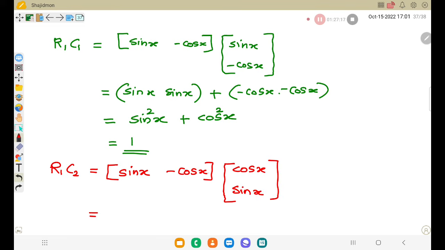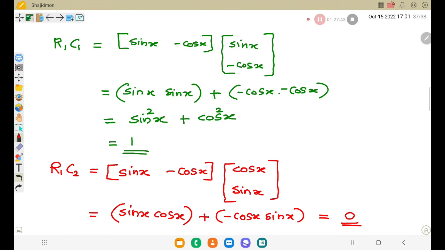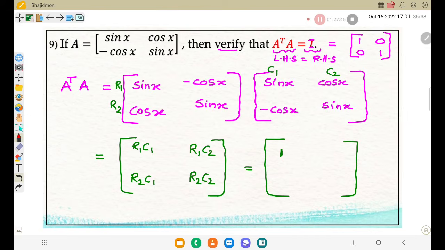First number with first number: sin x cos x, plus minus cos x sin x. So the answer is sin x cos x minus cos x sin x. Same term but opposite sign, so both cancel. The answer is 0. So the second number also we got 0.